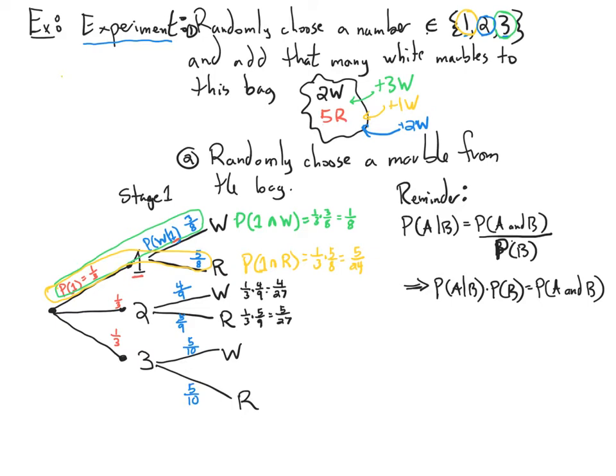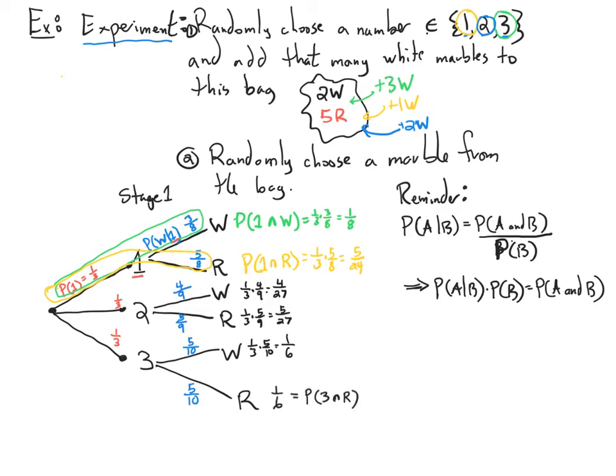And finally, the probability of picking a 3 and picking a white is 1/3 times 5/10, which is 5/30ths, but you can simplify that to 1/6. And finally, this is going to be the same thing. 1/3 times 5/10, or a half, is 1/6. So this is the probability of picking a 3 in the first part of the experiment and then a red in the second.